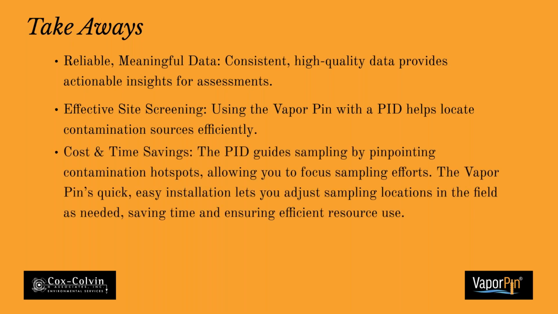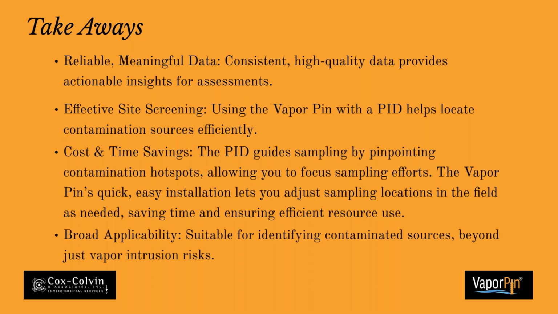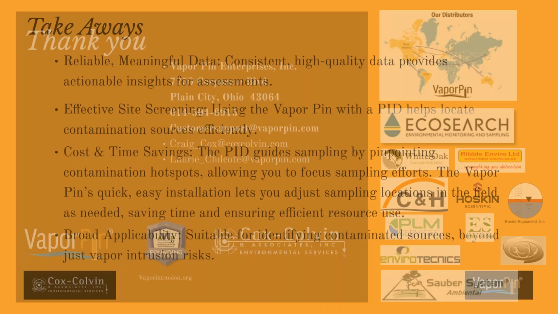And you can save a lot of time and money by combining these efforts with other things that you have, like the analytical methods that we all use. And it's suitable for identifying contaminated sources beyond just vapor intrusion risk. So a lot of people use vapor pens for vapor intrusion and kind of associate it with vapor intrusion, but in actuality, it was developed to look for sources, and it still is a very practical way to do that.